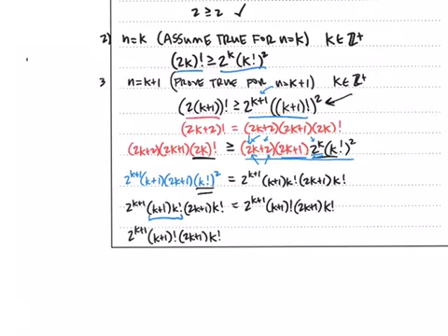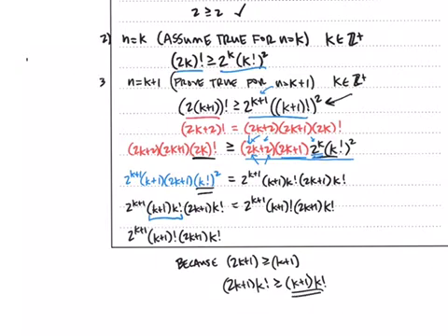But because 2k+1 is greater than or equal to k+1, I think we can all agree to that, then (2k+1) times k! would be greater than or equal to (k+1) times k!.